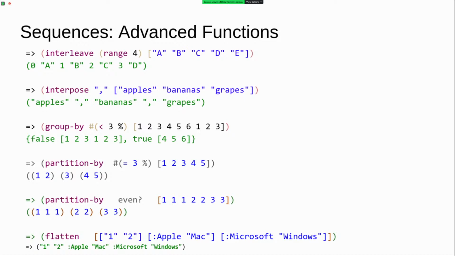Flatten takes a collection of collections and returns a single collection. It literally flattens it. So we take all the elements of the first collection and then all elements of the second collection, etc.